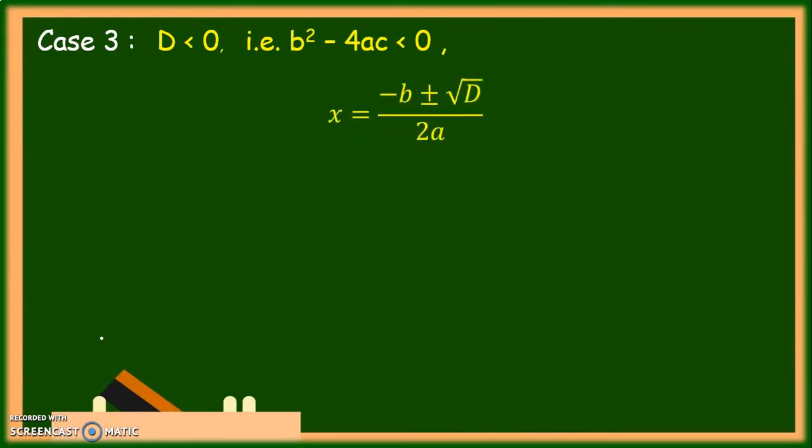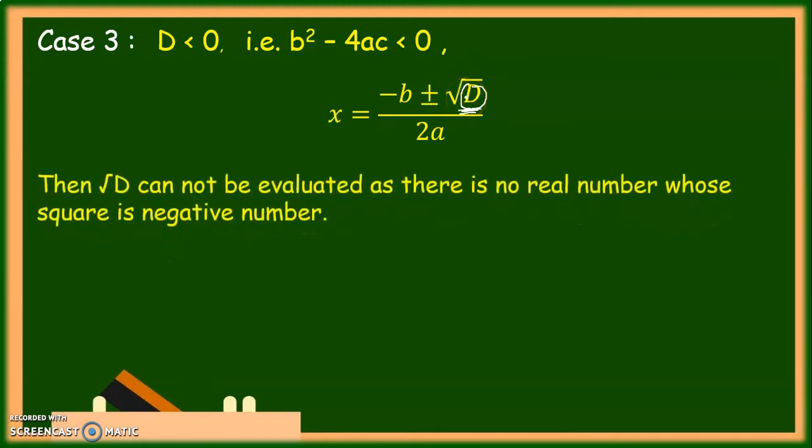The third case is when the value of d is negative, d less than 0, or b square minus 4ac is less than 0. If you put the value of d here, we will get a negative value under the root. And we know that the square root of a negative value is not possible.